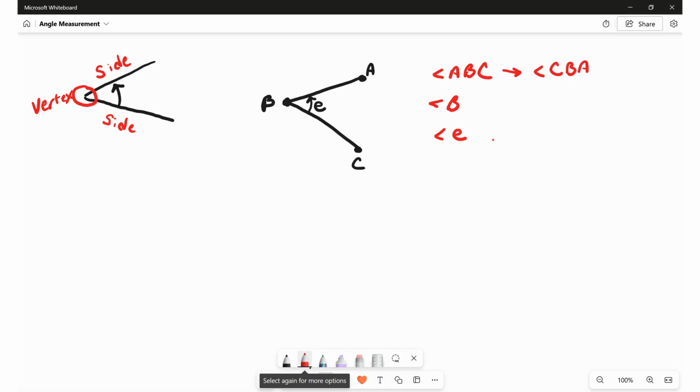We can use the endpoints and the vertex, with the vertex always in the middle. We can use the vertex alone, or we can use the letter that represents the measure of the angle.